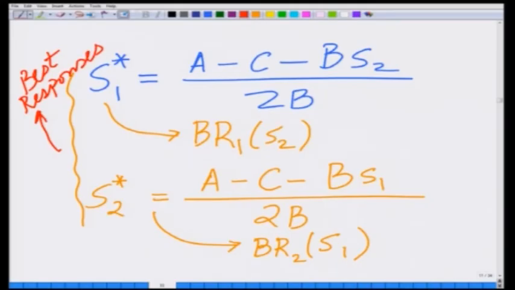Now, once you have characterized the best responses, we can find the Nash equilibrium, because we know that the Nash equilibrium is where these best responses intersect.